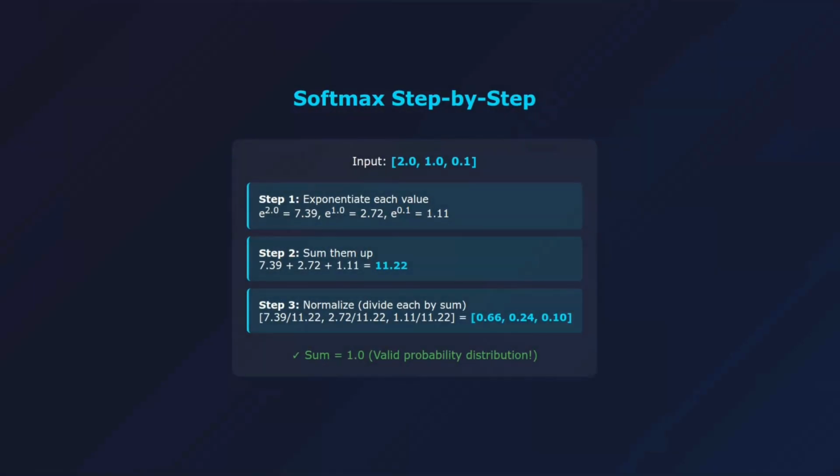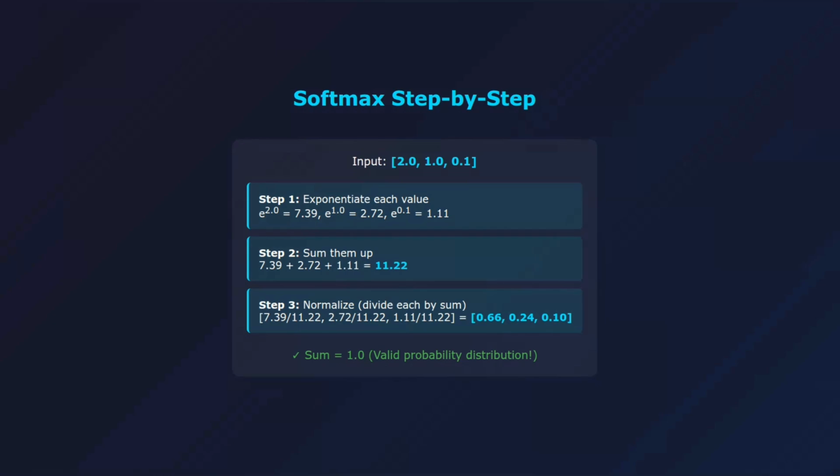Let's walk through an example to really understand this. Say we have 3 output neurons with values 2.0, 1.0, and 0.1. Step 1, we exponentiate each value. This gives us 7.39, 2.72, and 1.11. Step 2, we sum them up. 7.39 plus 2.72 plus 1.11 equals 11.22.